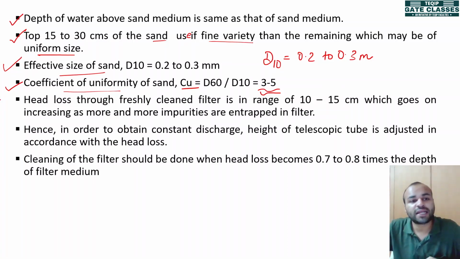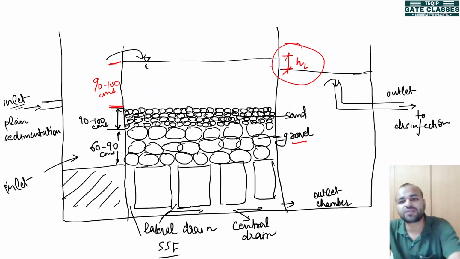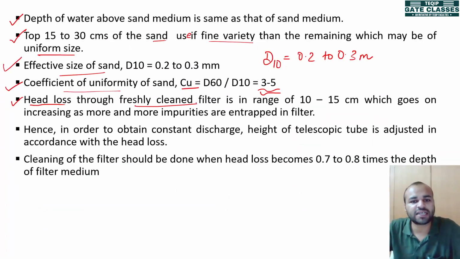Moving ahead, the head loss through freshly clean water, the head loss I have drawn here. Let me quickly give you a recap. This is the head loss we are talking about. So this head loss through freshly clean water is in the range of 10 to 15 centimeters, which goes on increasing as more and more impurities are entrapped in the filter.